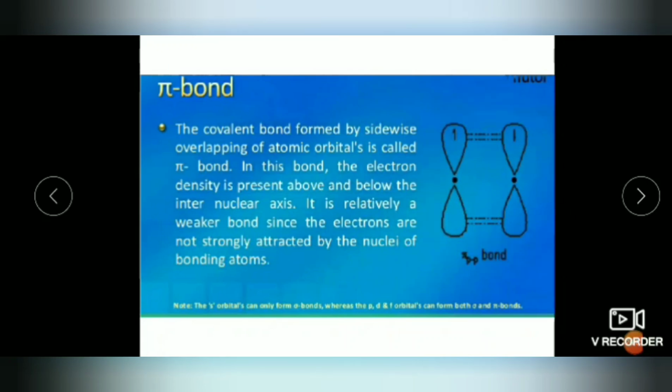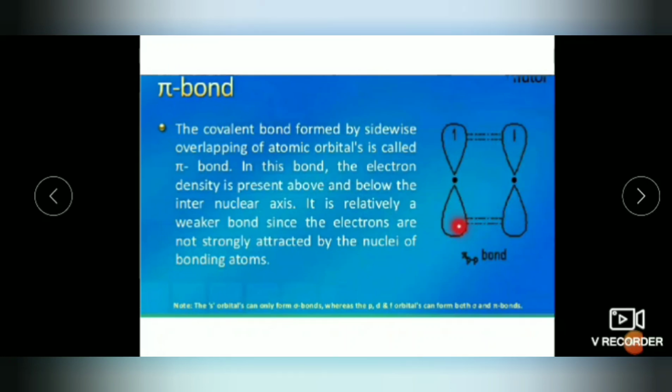So when sidewise overlapping occurs, we call it a pi bond, and the electron density is above or below the internuclear axis.